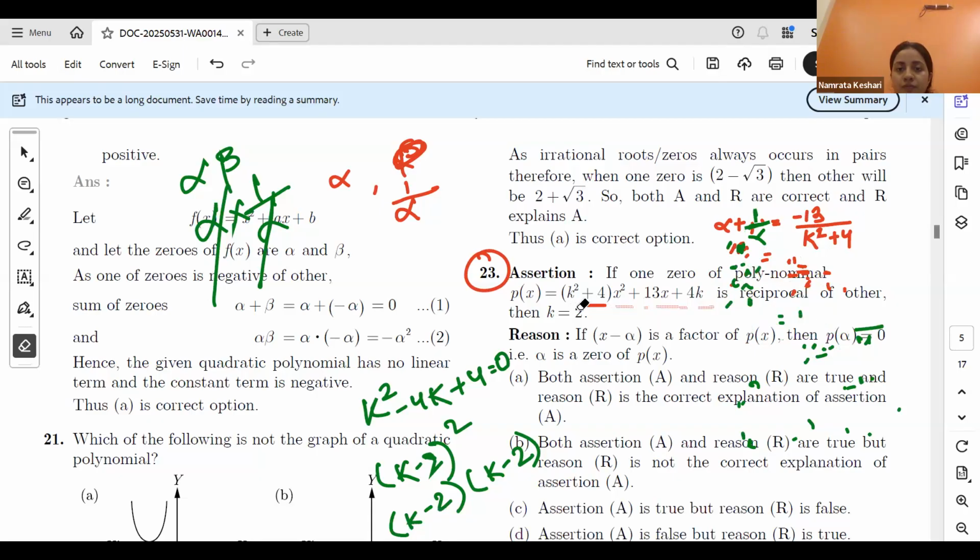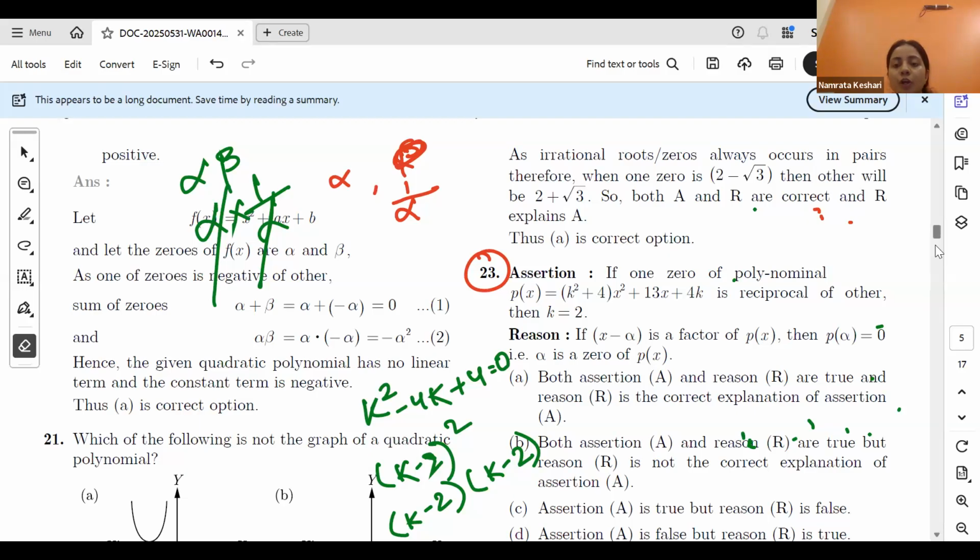Reasoning is false. Read it carefully. Read it. Assertion. If one, its reasoning is correct, but it's the wrong explanation for the assertion.